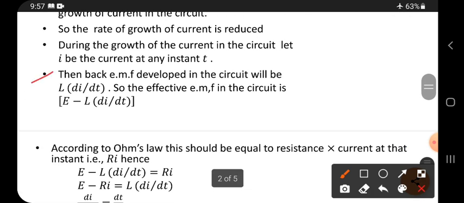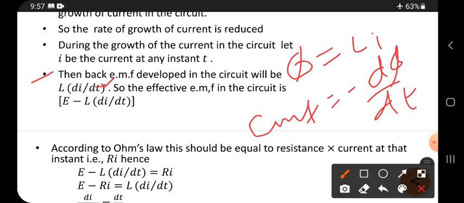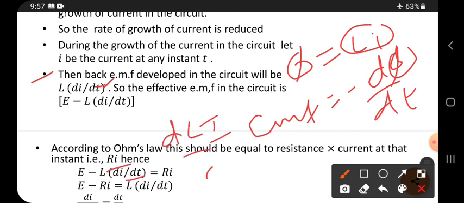Then the back EMF developed in the circuit will be L di by dt. This is according to the inductance formula. Generally, the inductance formula is phi equals Li. According to Faraday's second law, EMF is equal to minus d phi by dt. In the place of phi, substitute Li, then EMF equals minus d(Li) by dt.